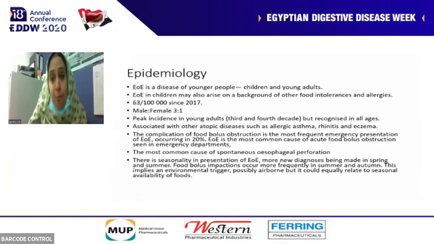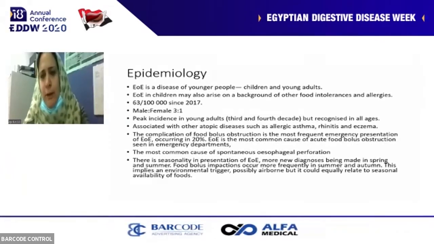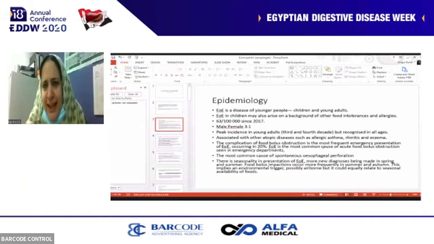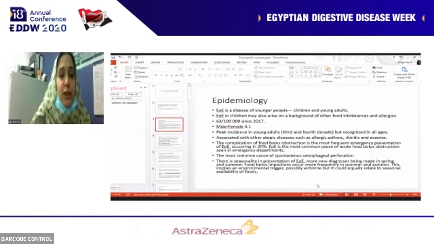The complication of food bolus is the most frequent emergency. Sorry, I'll have to do this to see the rest of my screen. Most common emergency presentation of eosinophilic esophagitis in 20% is the most common cause of acute food bolus obstruction seen in emergency departments.